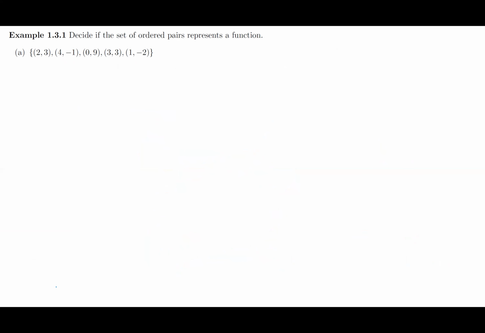Well, the first thing you should know is that typically when you represent a function in ordered pairs, the x coordinate is the domain element, and the y coordinate is the range element.